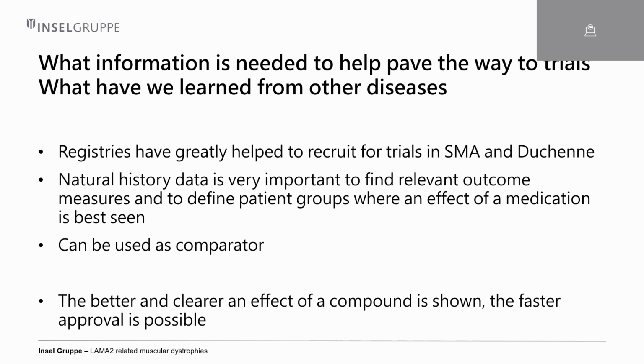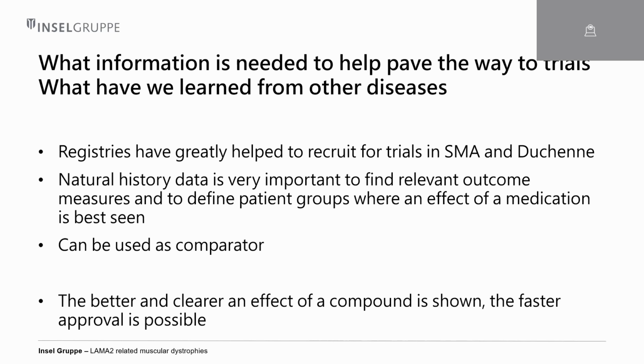We didn't have the right outcome measures. We didn't have enough natural history study. So now that all these compounds are in the pipeline, if we are quickly doing all this natural history work, I think we can help to design better trials that actually show quickly if a drug has an effect or not.